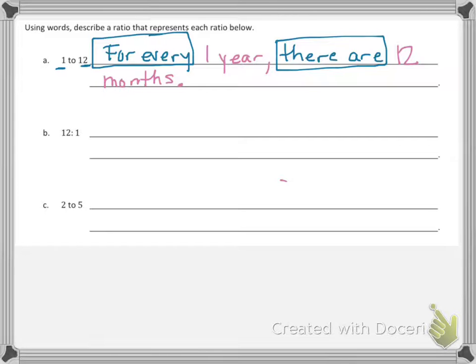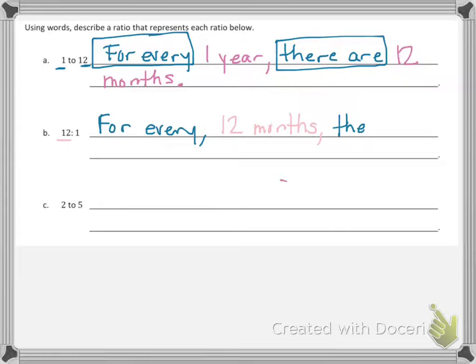Let's use that again for the next one. I'm going to say for every, and then this time my 12 is first. So my 12 is first, so I'm going to talk about something that's 12. And I could say for every 12 months, comma, and then I go back to my blue.